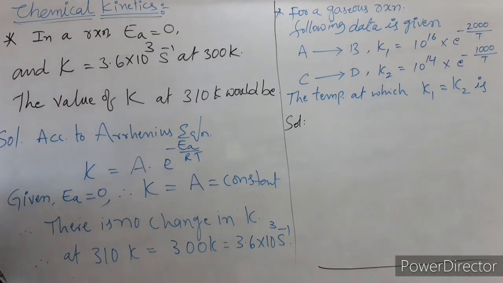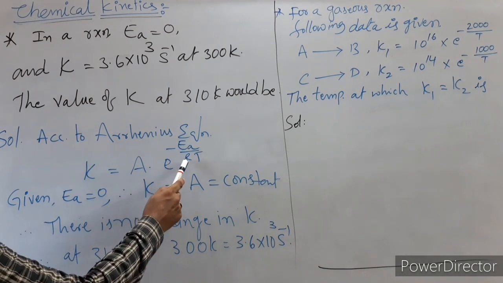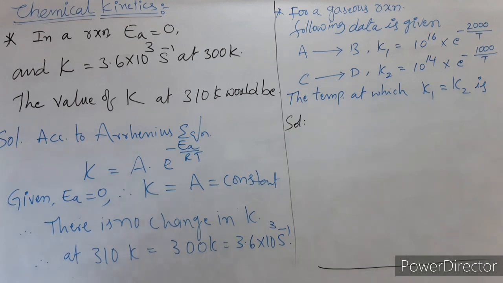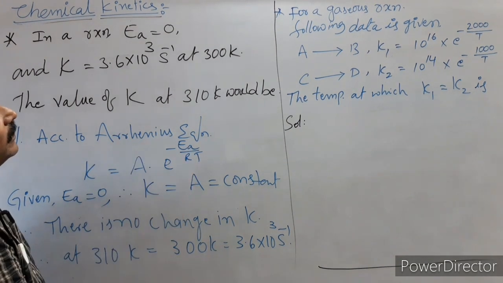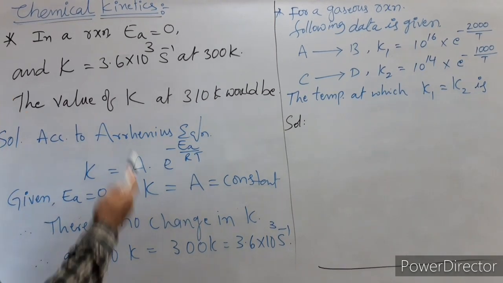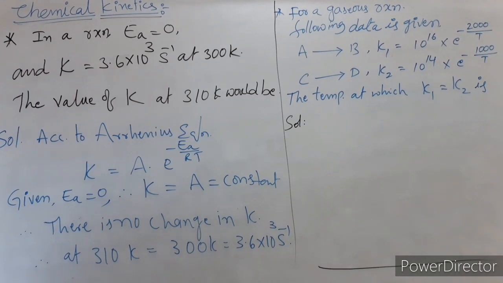According to the Arrhenius equation, rate constant K equal to A into e power minus Ea by RT. Here, the activation energy equal to 0. In this problem, given activation energy equal to 0.